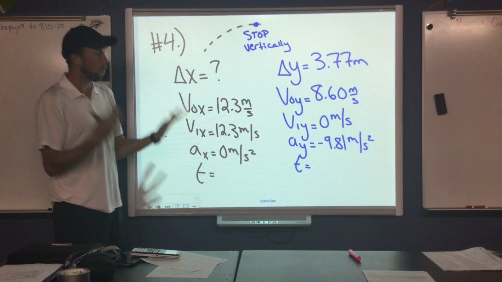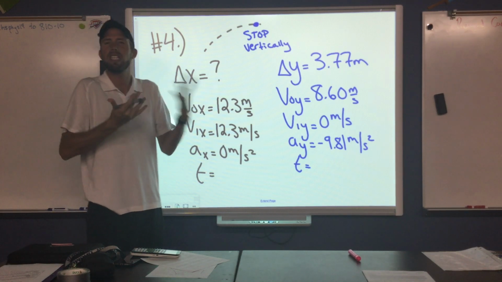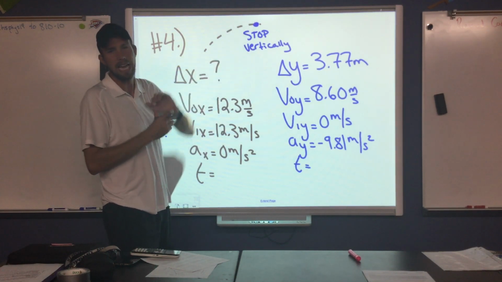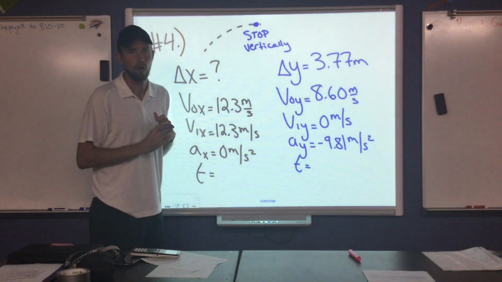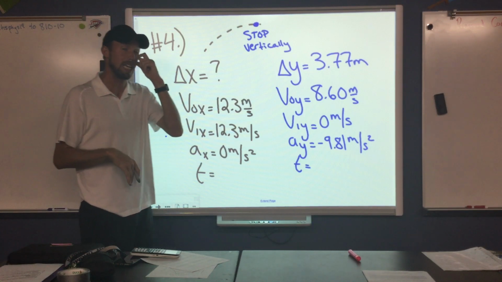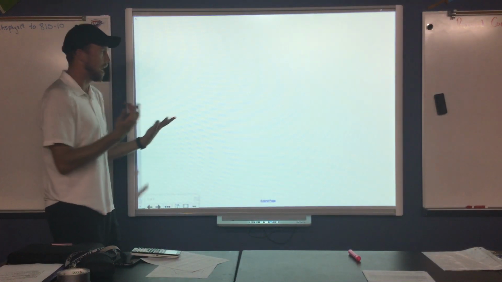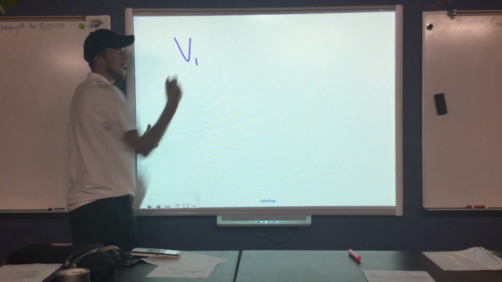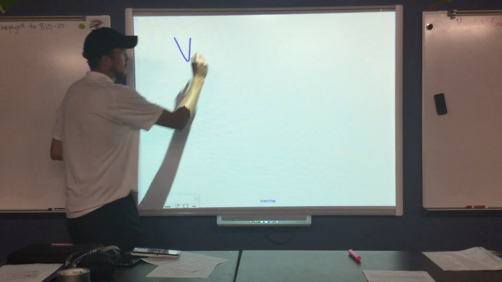Now something that might be important for us to understand is how time is different for our point at the peak. If we wanted to solve for time, we actually could do that. The easiest equation involving time is equation 1 on our equation sheet. I'm just going to write that down. This isn't something we're asked to solve for in the problem, but it is a good way for us to understand what's going on.